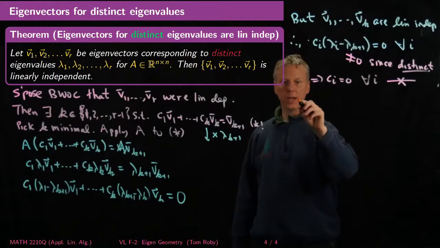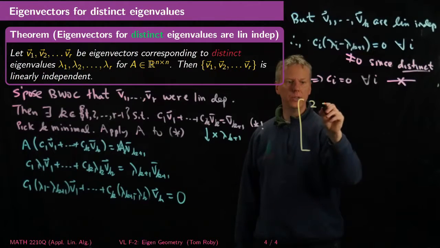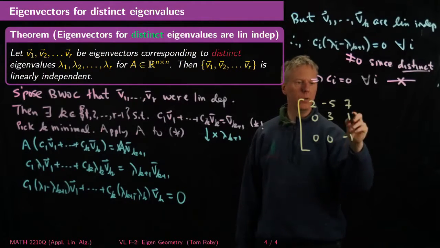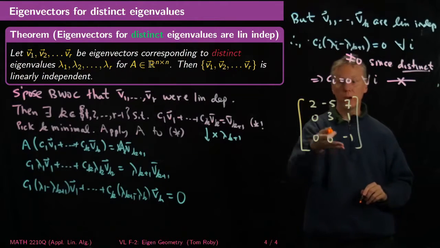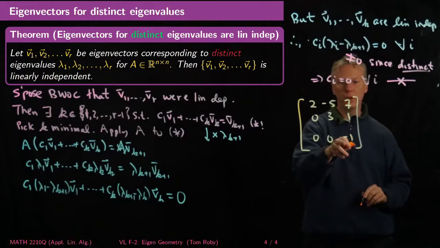So for example, if I just write down any matrix like this that's, say, upper triangular, right? So if I write 2, minus 5, 7, 0, 3, 1, 0, 0, negative 1, then I know that the eigenvalues for a triangular matrix are just the elements on the diagonal, and 2, 3, and negative 1 are all distinct.